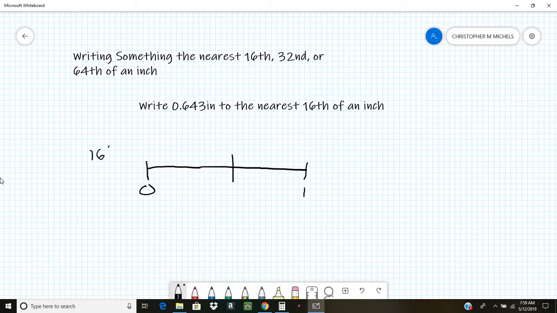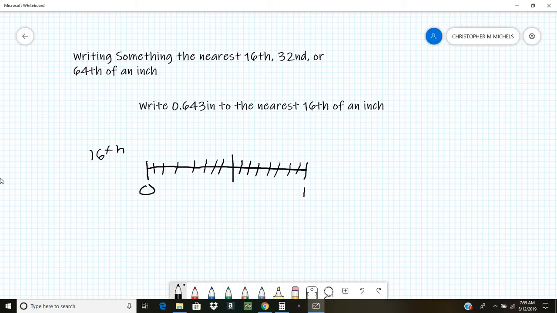So if you look right here with 16ths of an inch, just imagine they're evenly spaced. I'm no Picasso. Well, actually, that would be a Picasso, nice and crooked and asymmetrical.